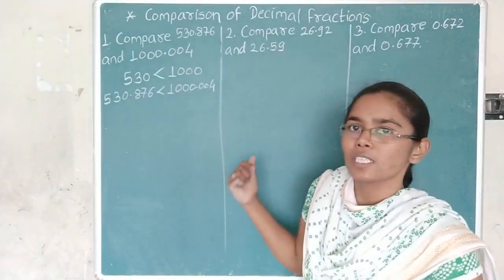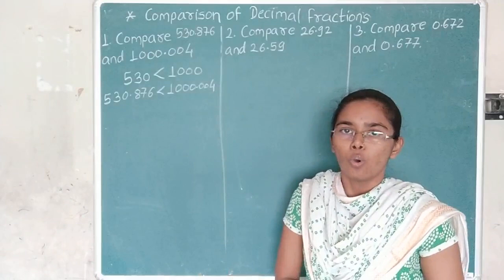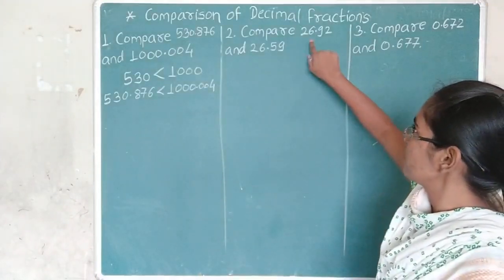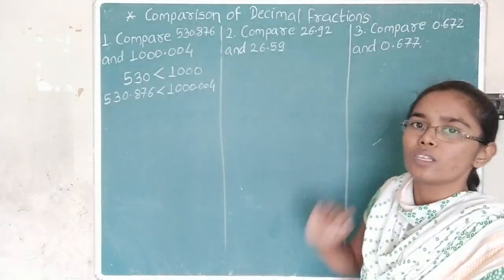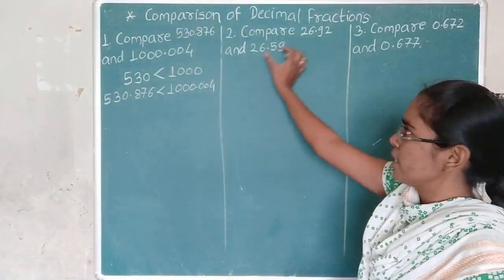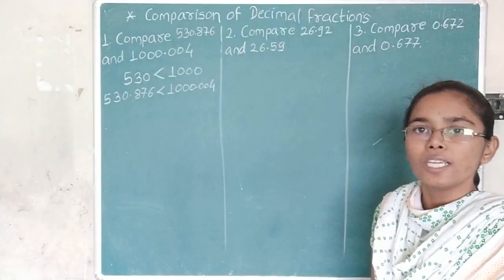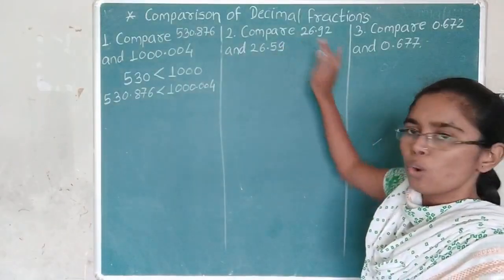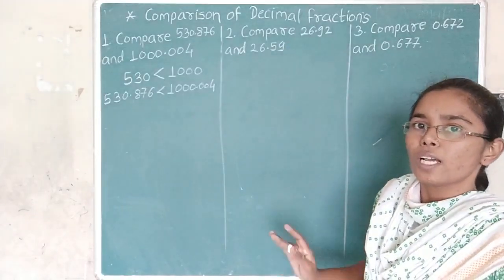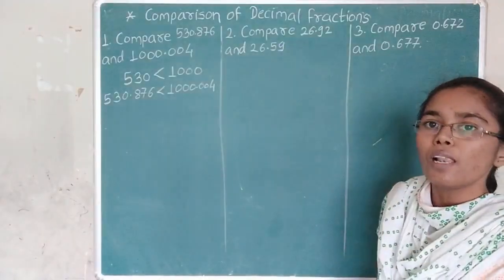Now in the next example we have the same whole part. Here we have 2 decimals, 26.92 and 26.59. Here the whole part is the same for both decimals. Now how to compare? As their whole part is the same, we will compare their decimal part.